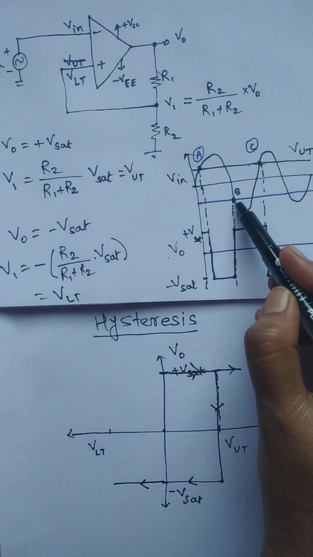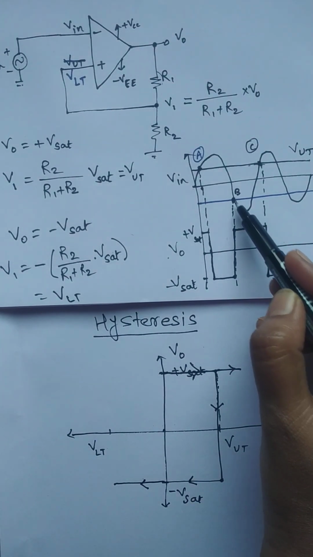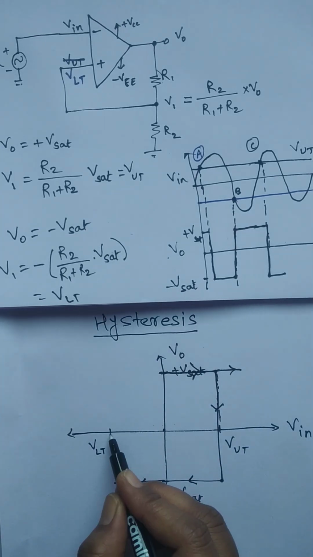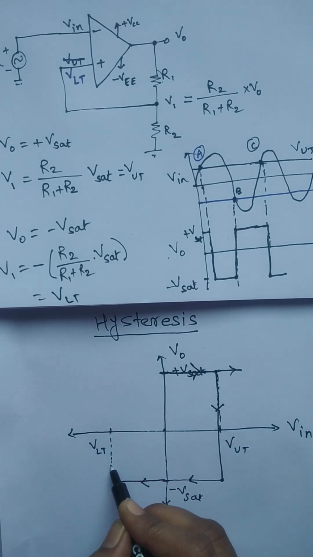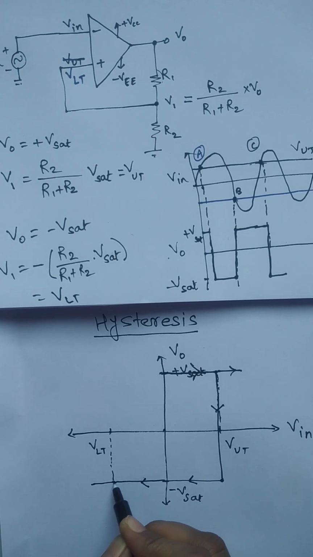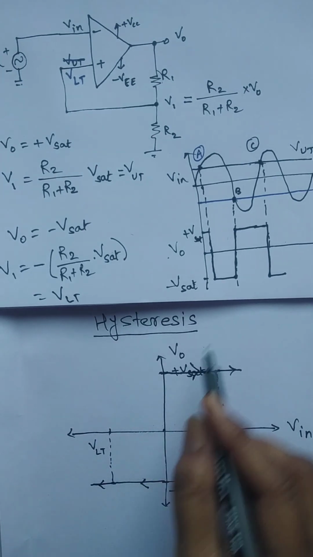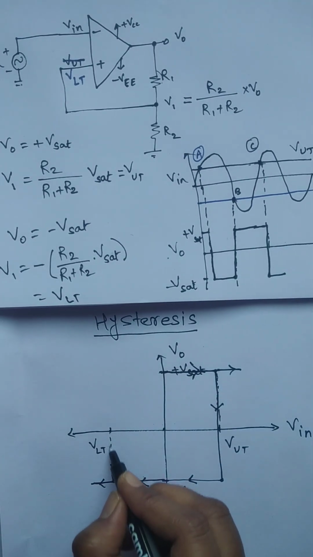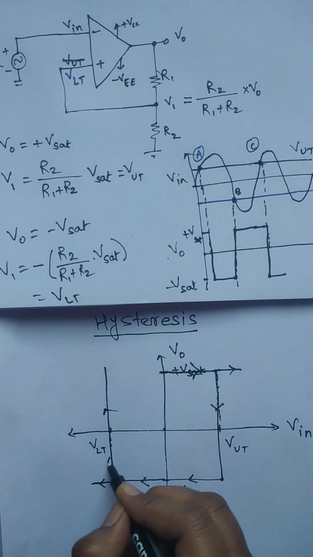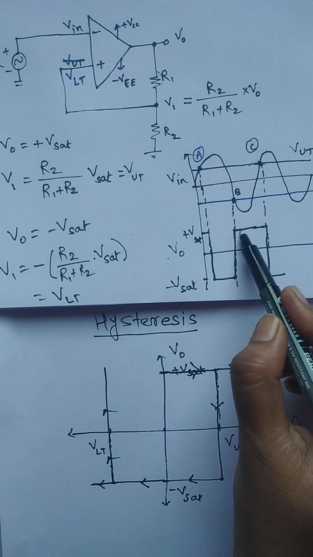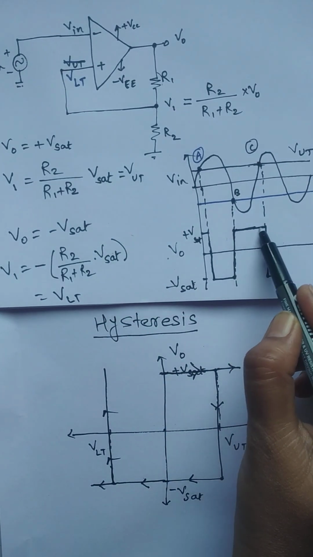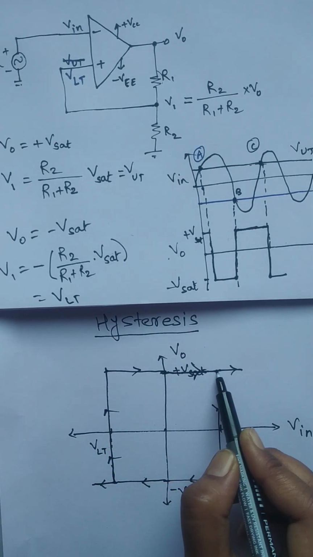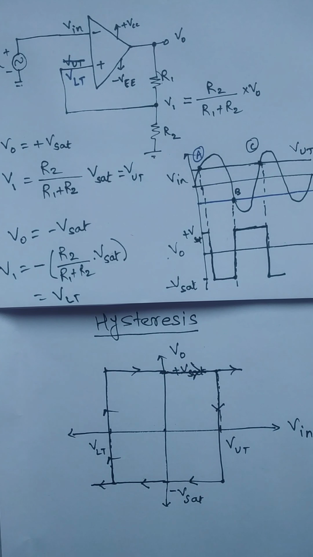As soon as V input becomes smaller than VLT, meaning if it tries to move in this direction, it will again switch to plus Vsat, and it will remain at plus Vsat until the next UTP comes, meaning up to this point.